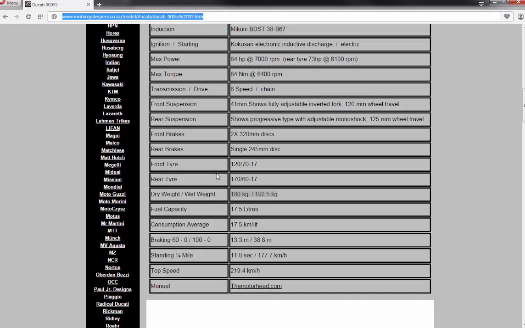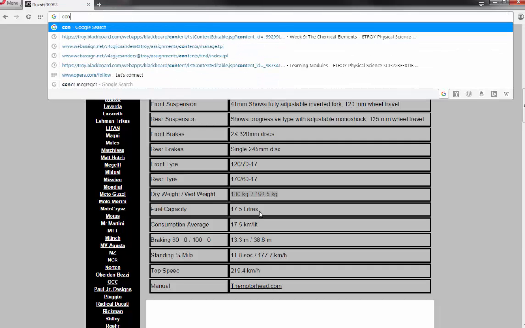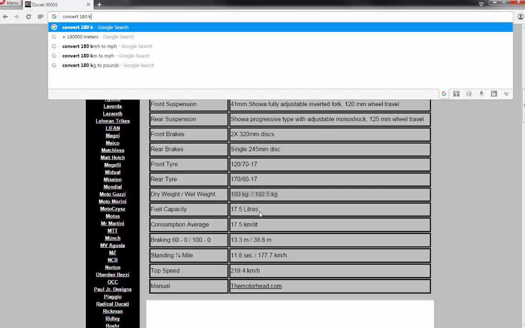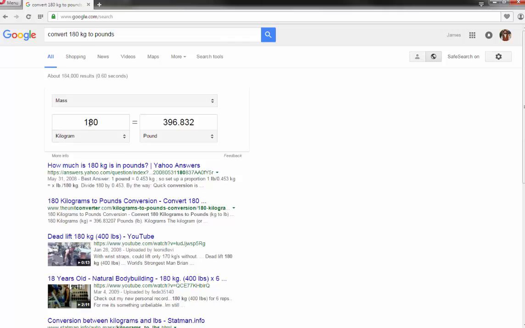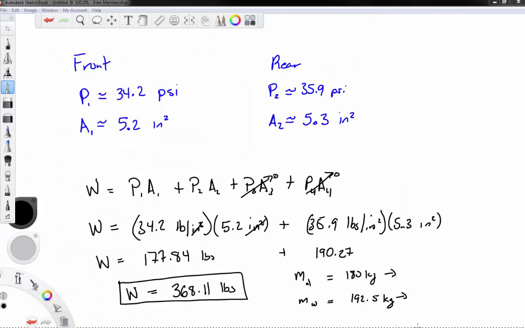Let's see just how much weight that actually is in pounds. If all you have is kilograms, you can go on Google and type convert 180 kilograms to pounds. Here it shows that 180 kilograms is 396.832 pounds. The other one is going to be a little farther off from what I got.